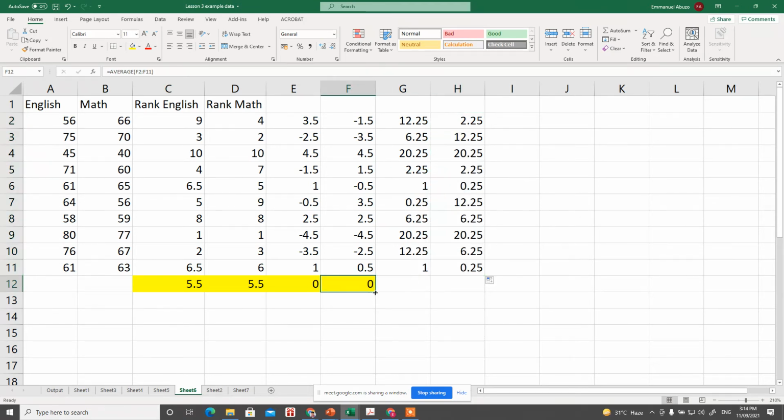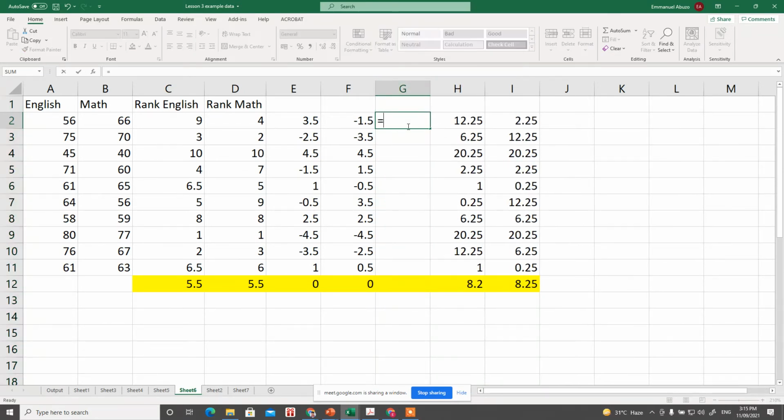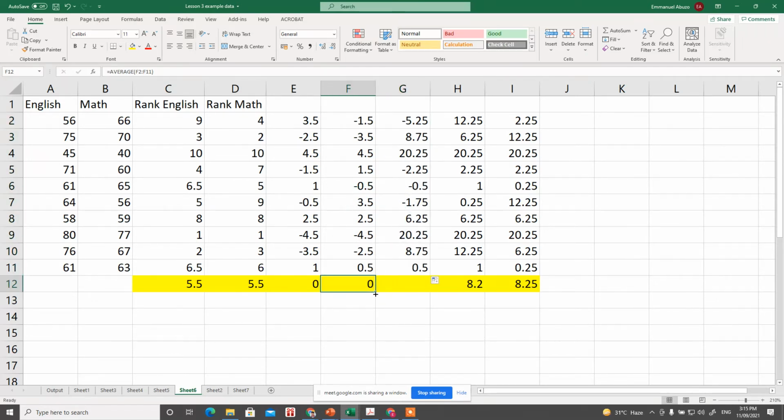Then add those squares. Now in the formula, the summation of the product. So here we have this one times this one, and then sum.